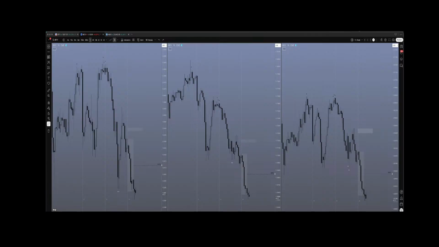Nothing going on. Just filling out my journal.